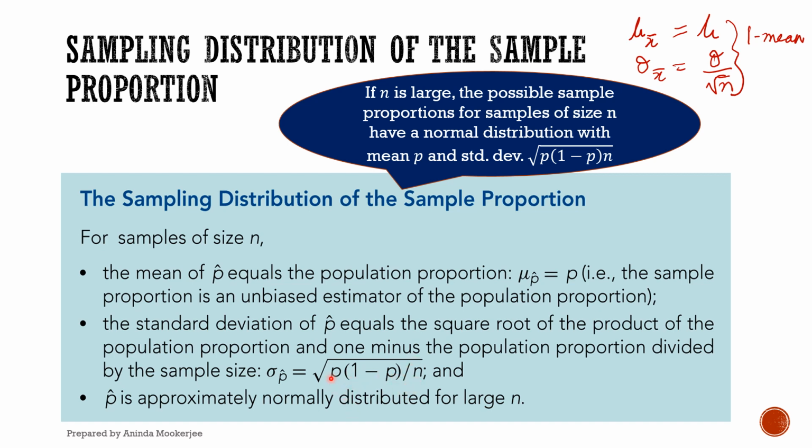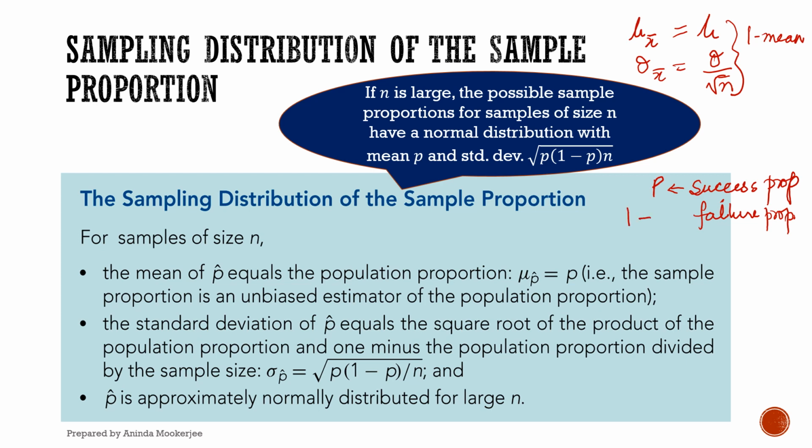So p represents our success proportion. That is multiplied by the failure proportion. Remember, we said that our success proportion will be represented by P. That's the success proportion. To find the failure proportion, all you need to do is subtract the P from 1.